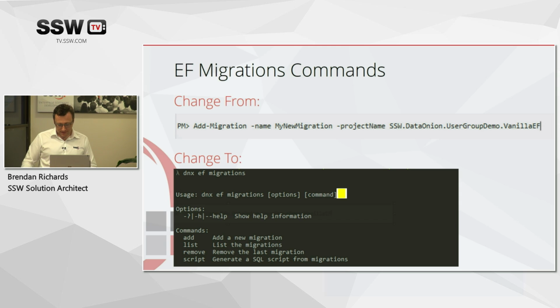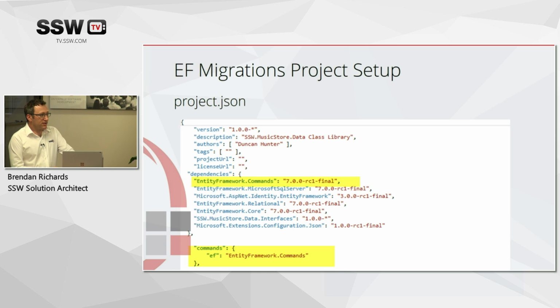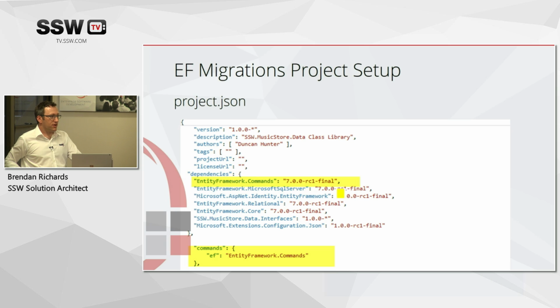DNX commands. And I'll show you how DNX commands are run up. So you call this from the console, you call DNX, and then EF gets you in there, and then migrations is one of the commands. So inside the project.json structure, you see what we've got here is the top highlighted bit actually wires in the NuGet package that contains the commands.